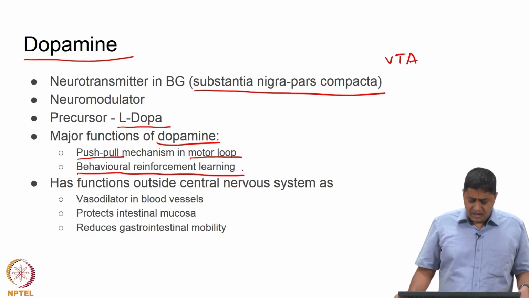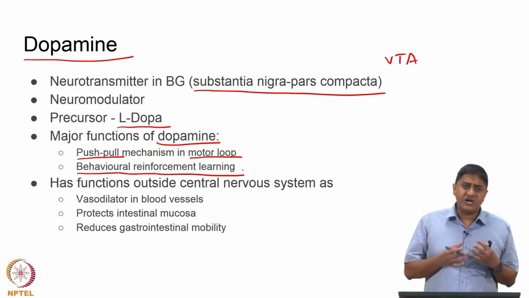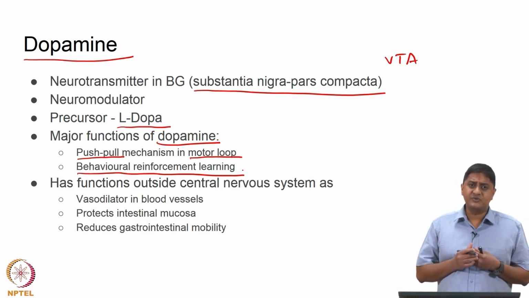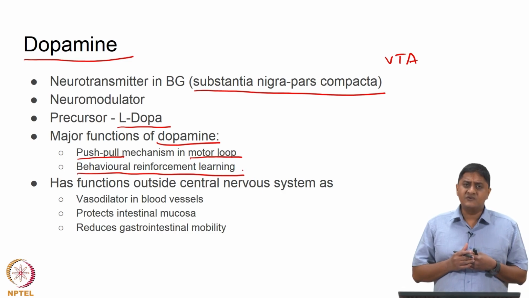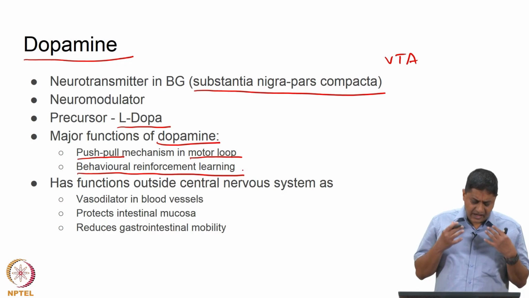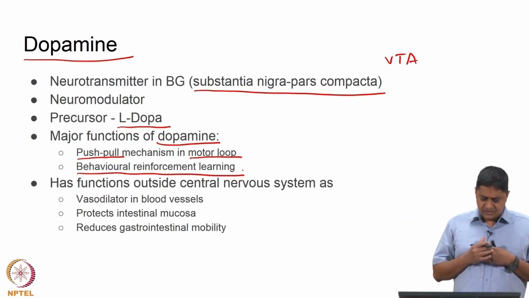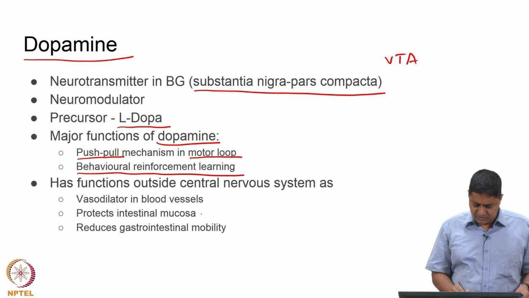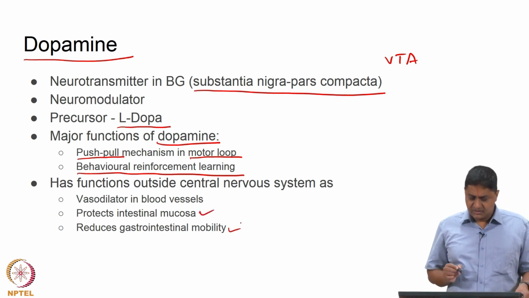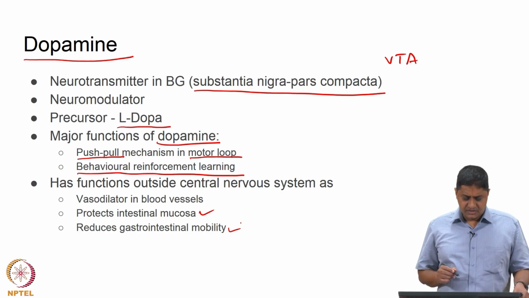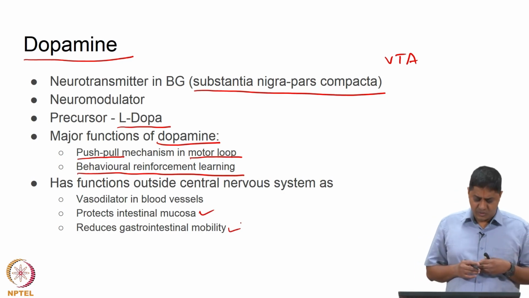Also note, dopamine is produced not only in the brain, but also elsewhere outside the central nervous system. A lot of dopamine is found in the digestive tract. It protects the intestinal mucosa, reduces gastrointestinal motility, and also acts as a vasodilator in blood vessels, a whole bunch of functions.